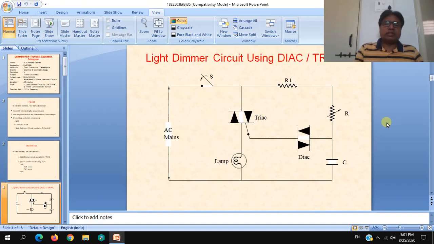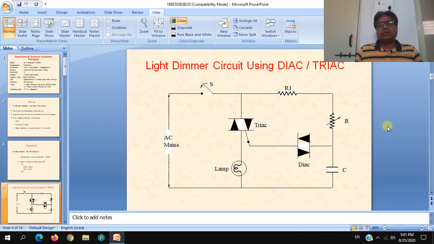The first aspect is light dimmer circuit, as the name indicates, that is dimming of light. So whenever you use a lamp or any lighting equipment, many times it happens that we need not have that much of light, but the brightness of that lamp or light will be higher.